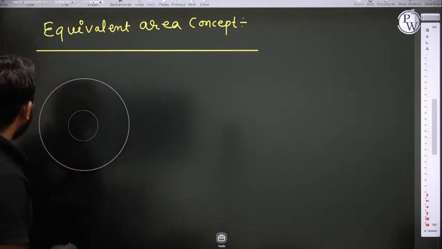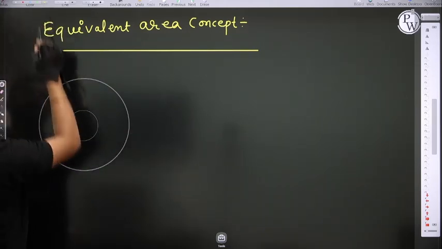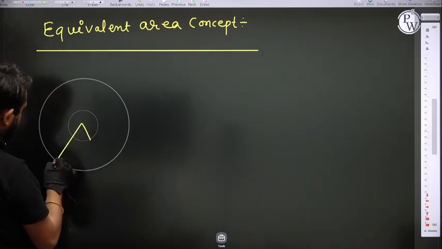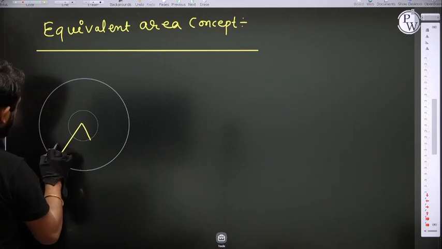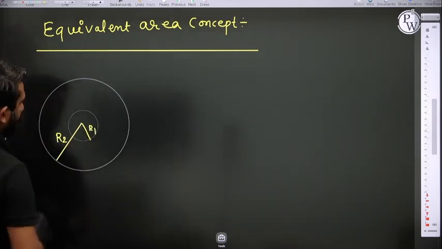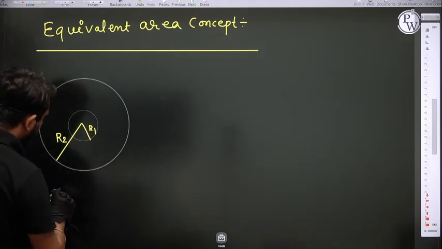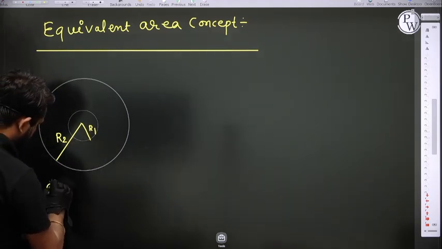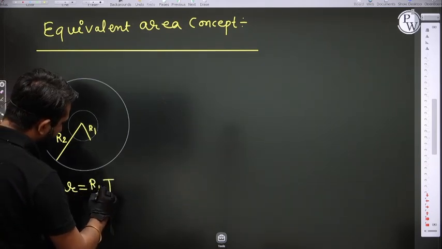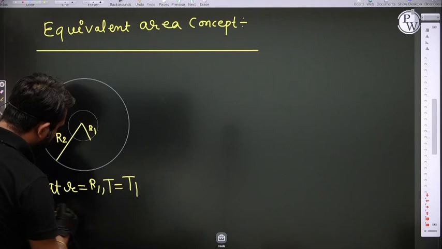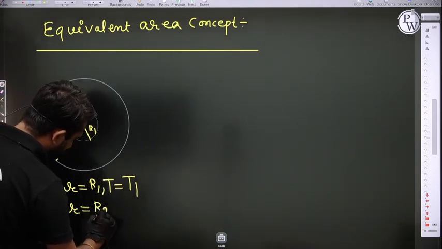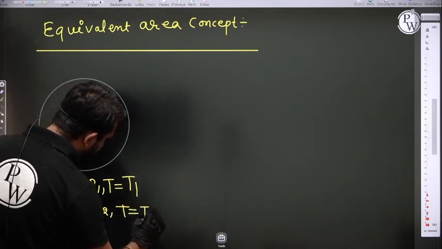Okay. Now see, this radial distance is R1, this radial distance is R2. At R equal to R1, the temperature is T1, and at R equal to R2, the temperature is T2, and T1 is greater than T2.